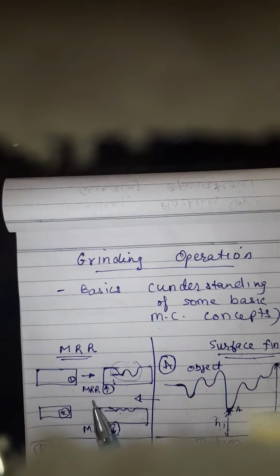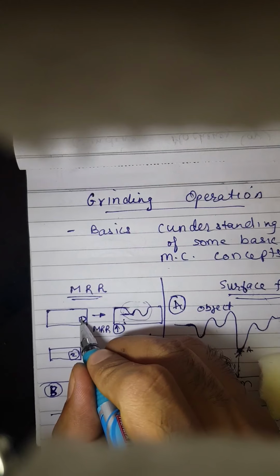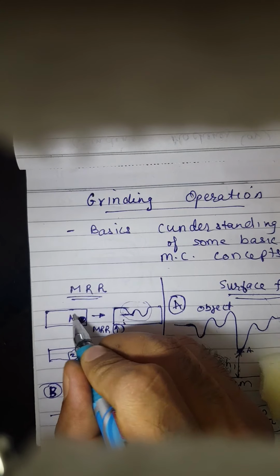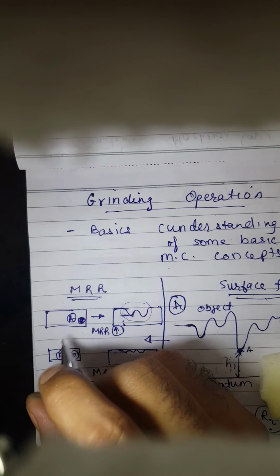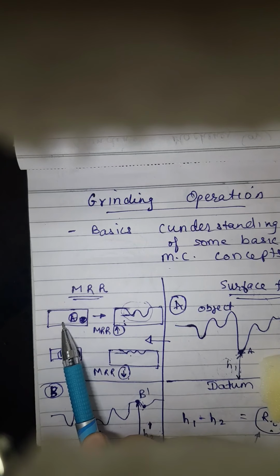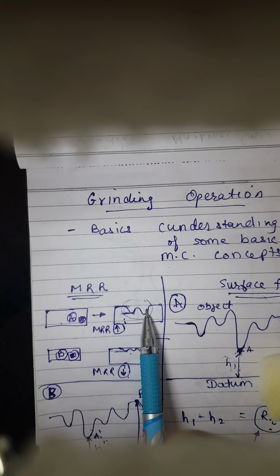All right, so again I would not put this as 1, but as we have taken A and B, I'll put it as A and B. So this is object A. For this object A, under magnification, I could find something like this kind of surface finish.